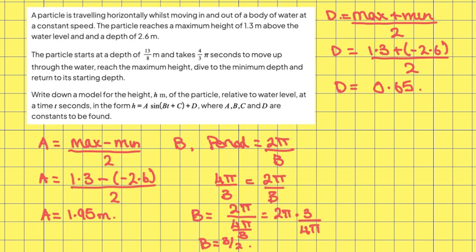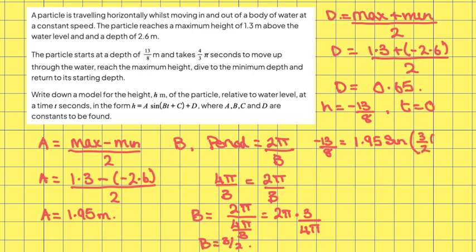Right, C represents the horizontal shift, and we know that at the beginning the height is minus 13/8 when t is equal to 0. So we can put all that into our equation. So we get minus 13/8 is equal to 1.95 sine, open brackets, 3/2.